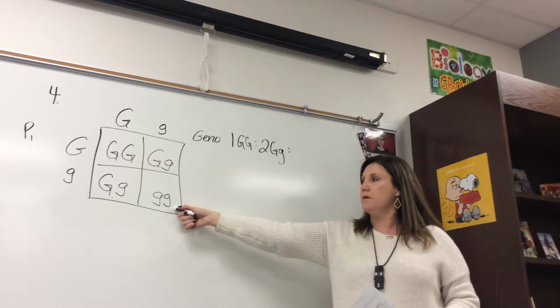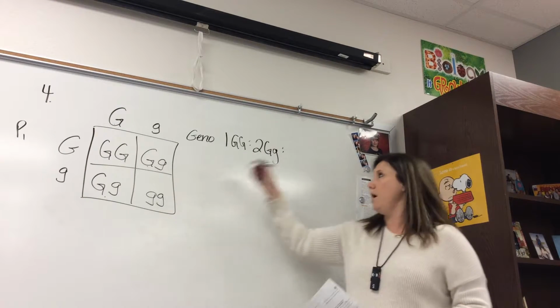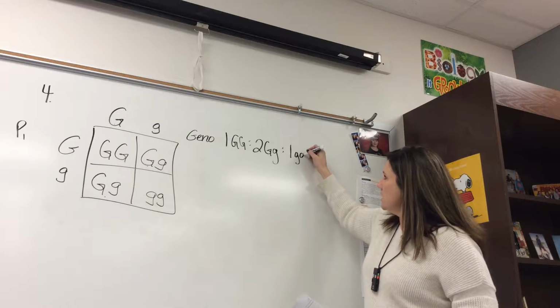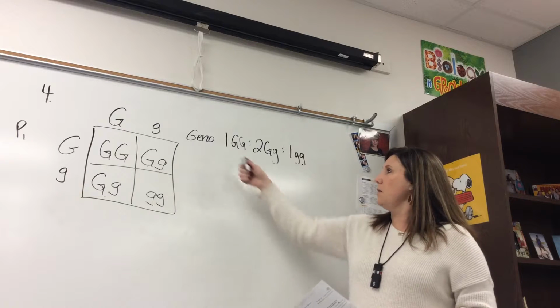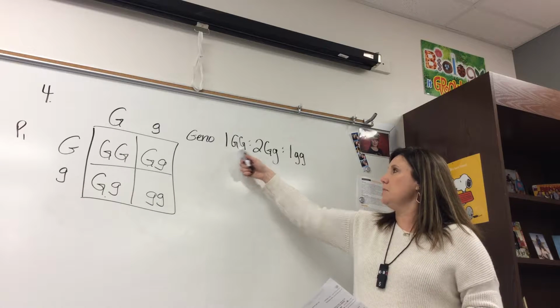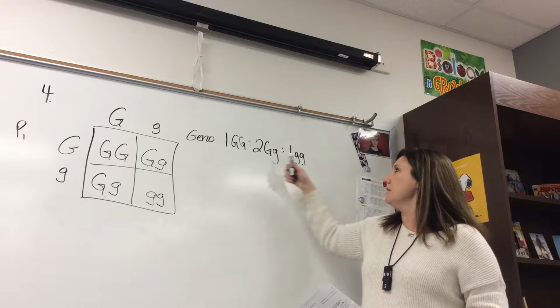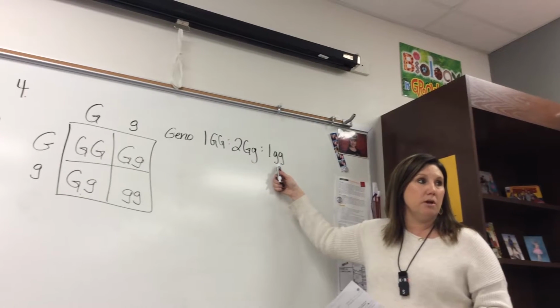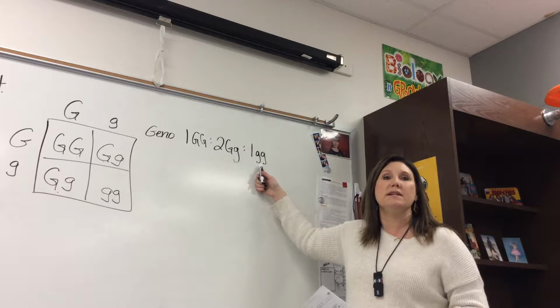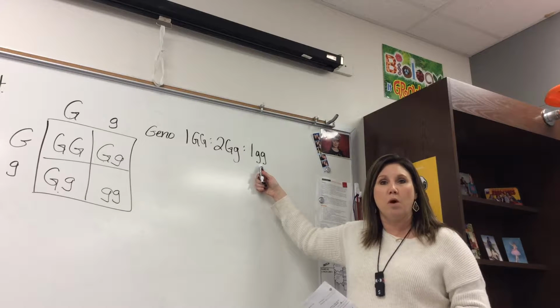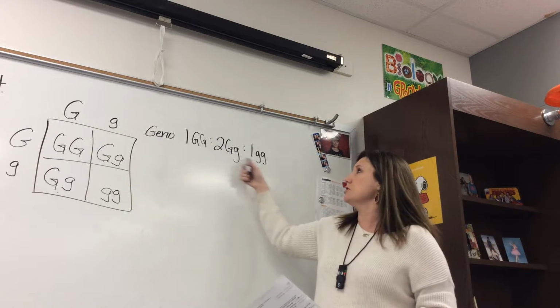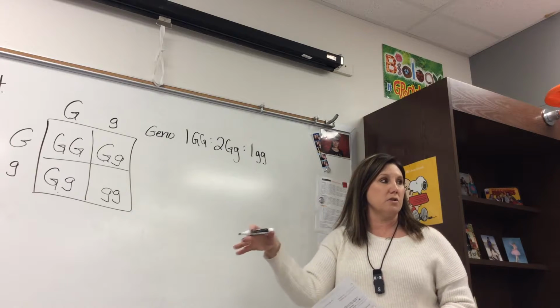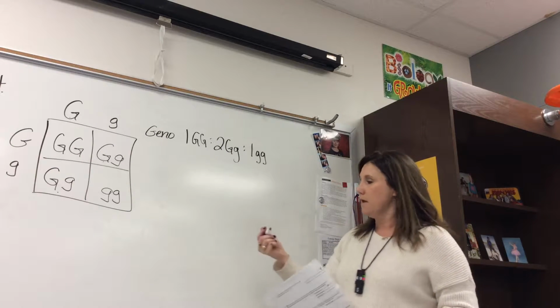How many will have homozygous recessive? 1. So 1, little g, little g. So we have 1, big G, big G, to 2, big G, little g, to 1, little g, little g, and that's our genotypic ratio. Make sure that you put the G's in there and that you don't just do the 1 to 2 to 1. Make sure that you're specific on which one is which. So write it out. Okay?